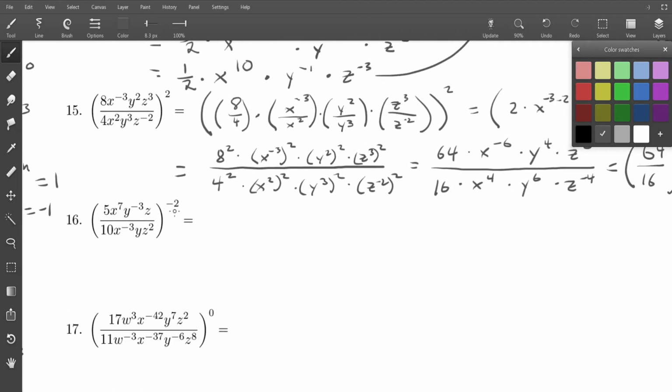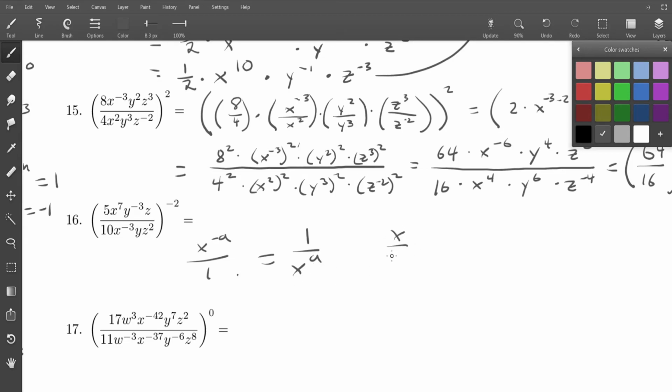So now with a negative exponent, I would recommend doing something first. Along with the rule that you can take negative exponents on top and put them onto the bottom, or that you can take them from the bottom to the top.